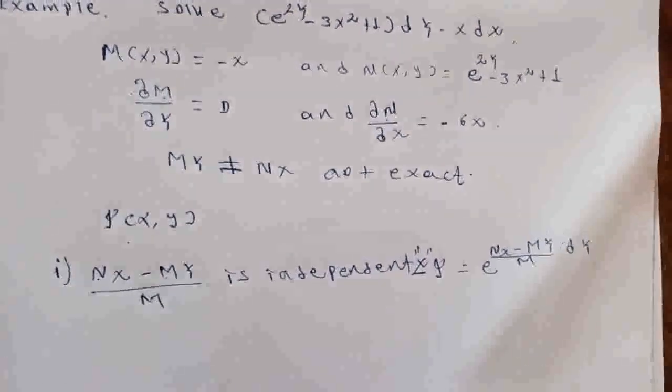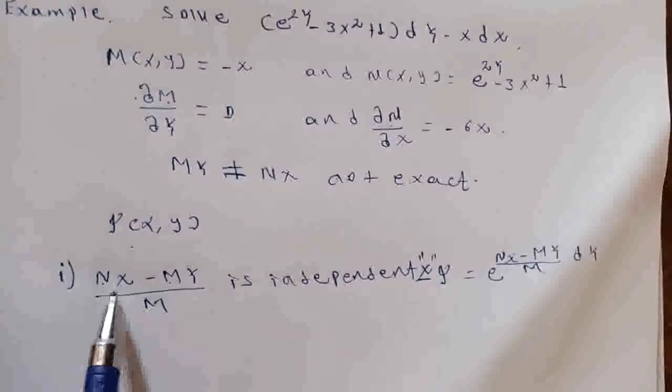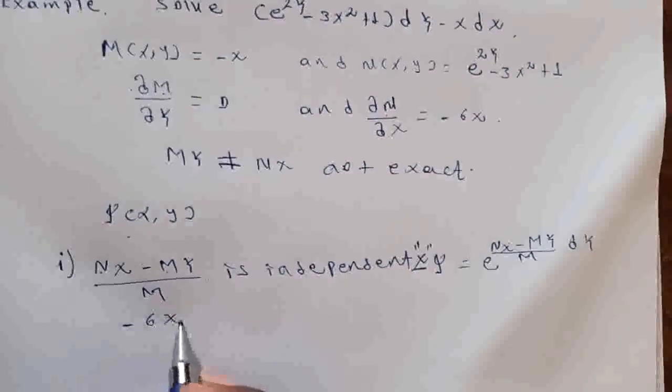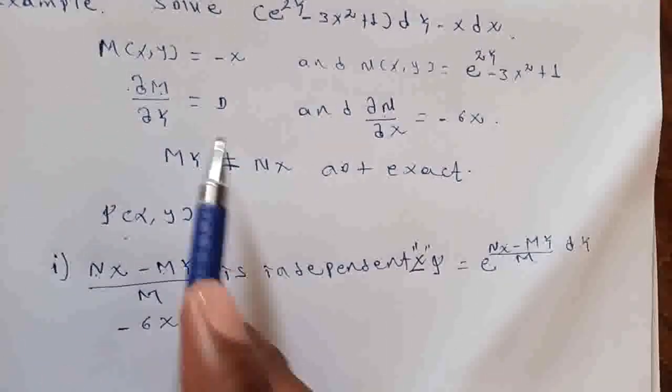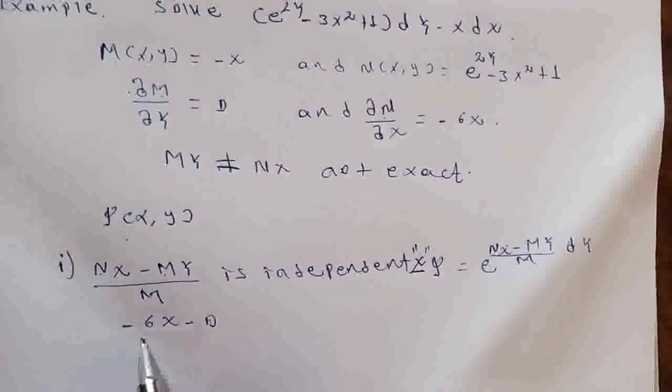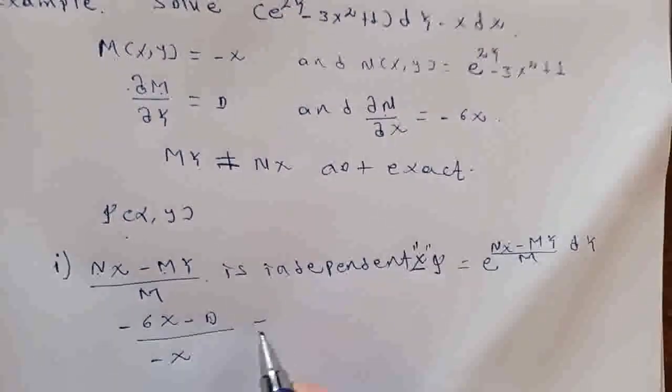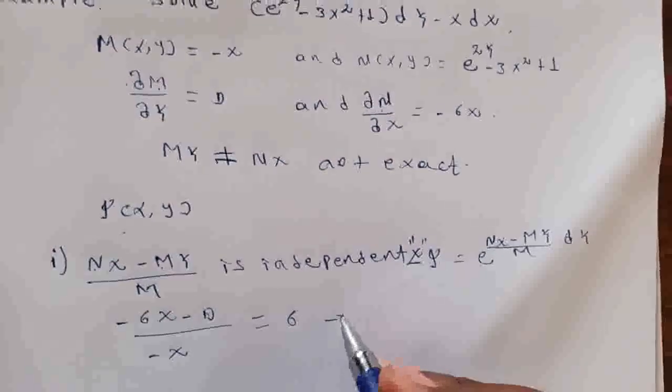Here N sub x is negative 6x, minus M sub y is 0, over M is minus x, which gives 6, independent of x.